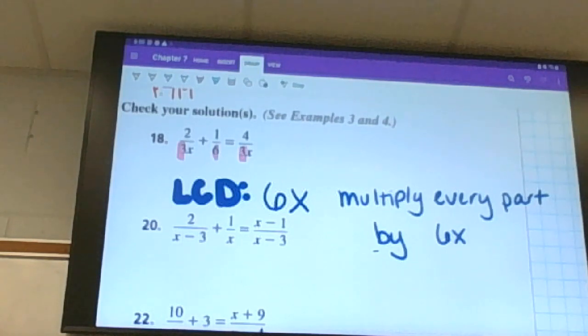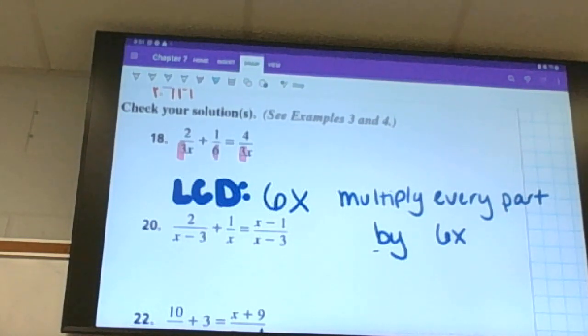All right, so our next step is to reduce diagonally. In the step, it said don't actually multiply. It said reduce. So we're not actually going to multiply this. We're going to reduce it. Well, I have x over x, so those cancel. x over x is just 1.